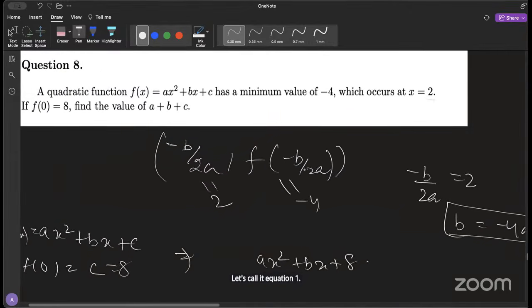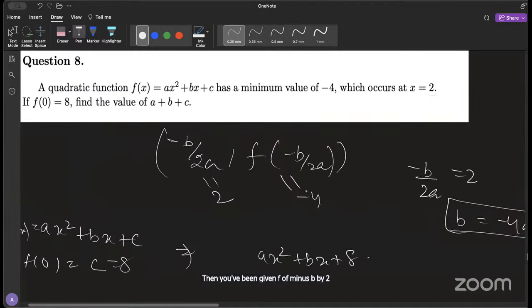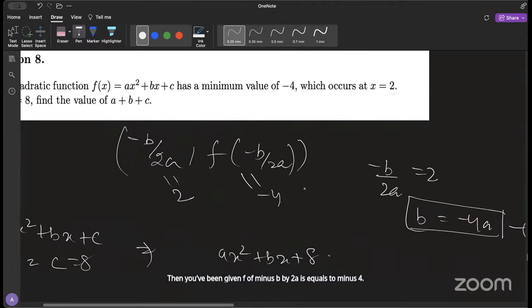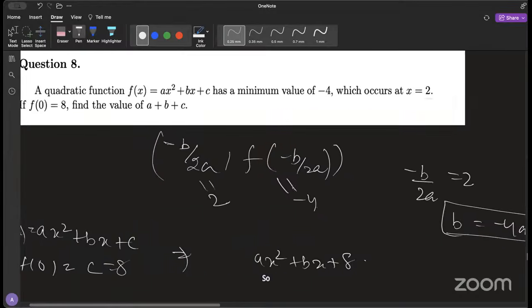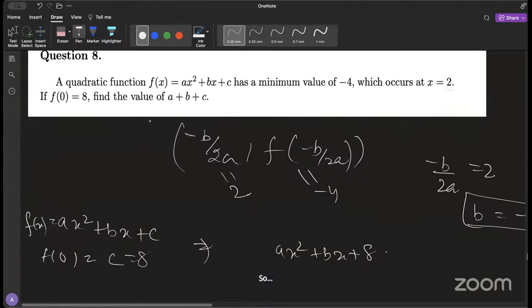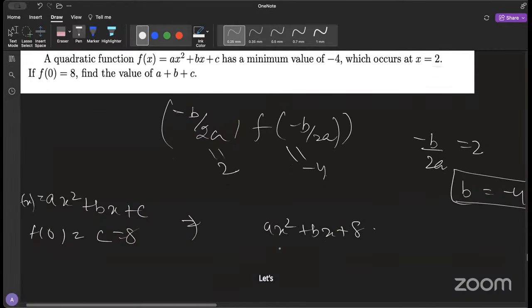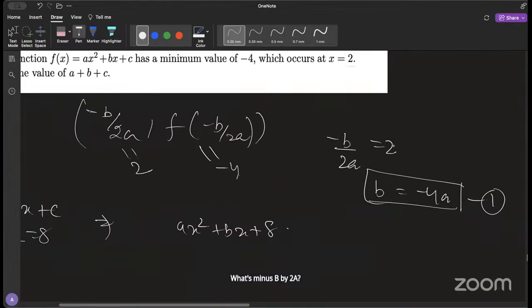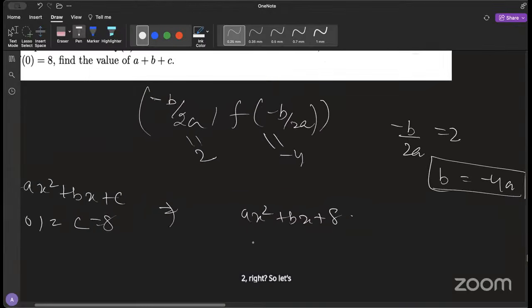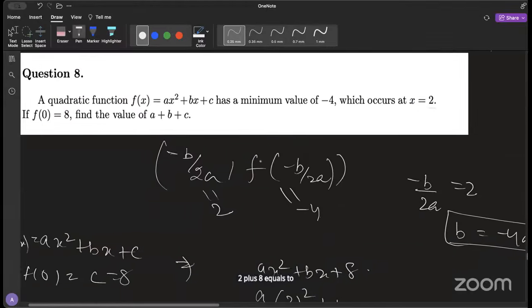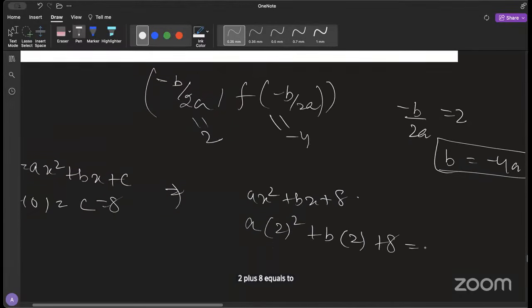Then you've been given f of minus b by 2a is equal to minus 4. So let's put x equals minus b by 2a here. What's minus b by 2a? 2, right? So let's put 2 here: a 2 squared plus b 2 plus 8 equals minus 4.